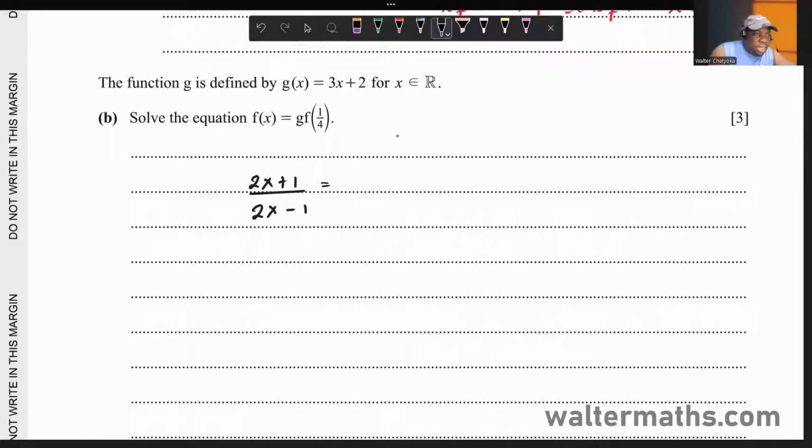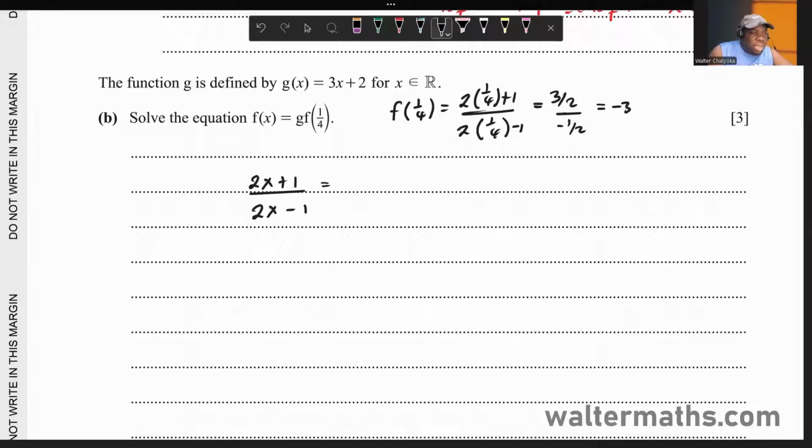f of a quarter is 2 of a quarter plus 1 over 2 of a quarter minus 1. And this gives us on top 3 over 2 and at the bottom minus a half, which technically is minus 3.